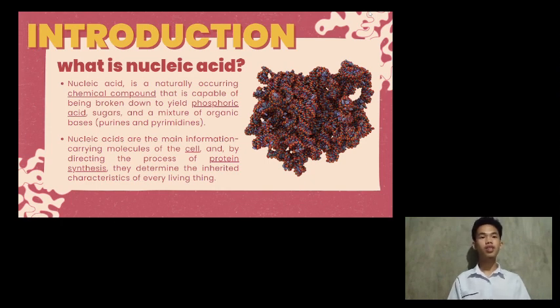Next, nucleic acids are the main information-carrying molecules of the cell, and by directing the process of protein synthesis, they determine the inherited characteristics of living things. So nucleic acids, including DNA and RNA, are essential for carrying genetic information within cells. Through their structure, these molecules guide the process of protein synthesis.